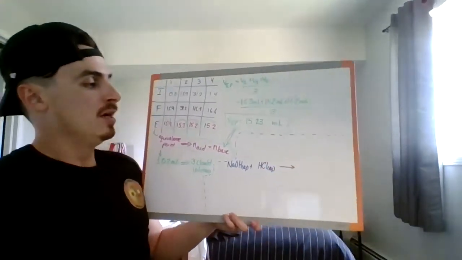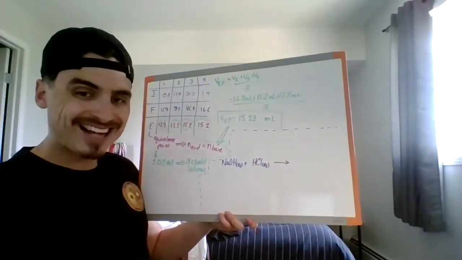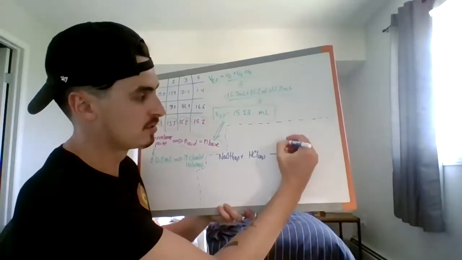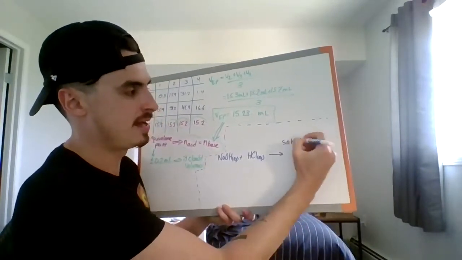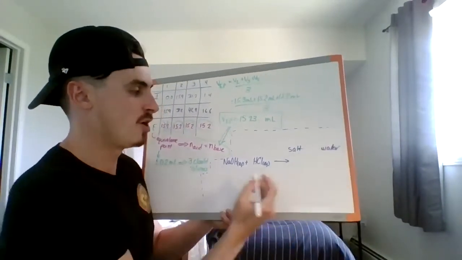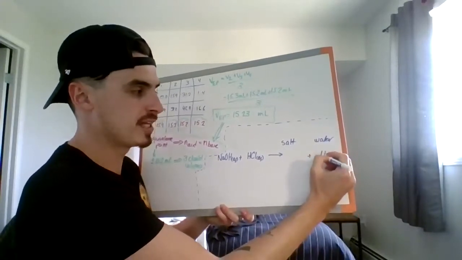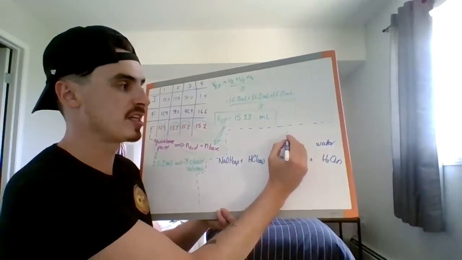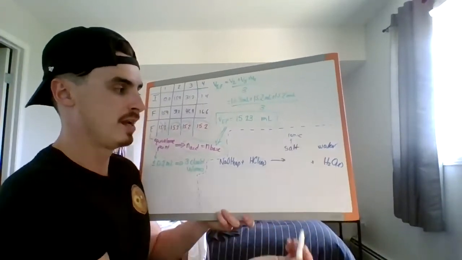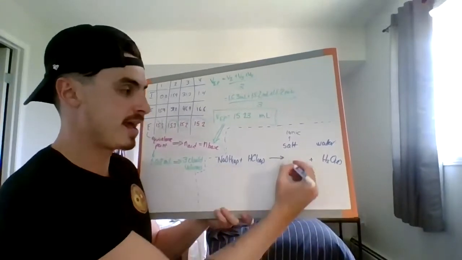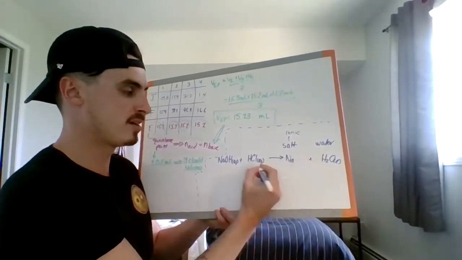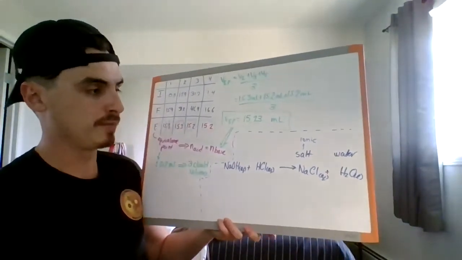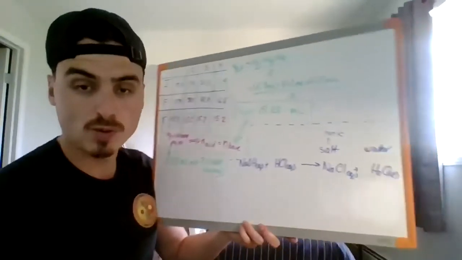Now, the products of every acid-base reaction are salt and water, okay? Salt and water. So how do I get water? Well, water is H2O. Salt, another name for salt, guys, is just an ionic compound. An ionic compound is a metal, Na, and a nonmetal, Cl. And we're going to put aqueous because it dissolved in water, okay? This is my balanced chemical equation.